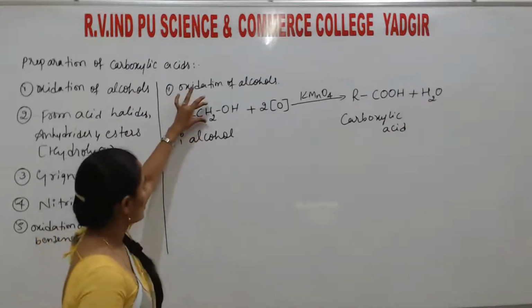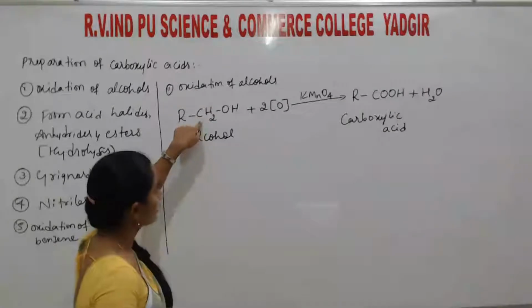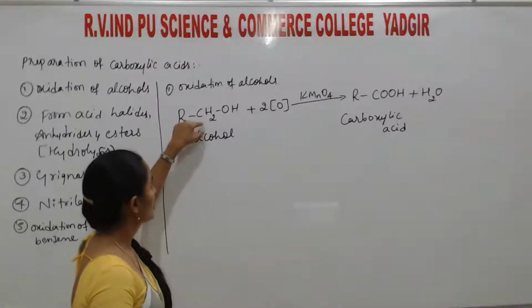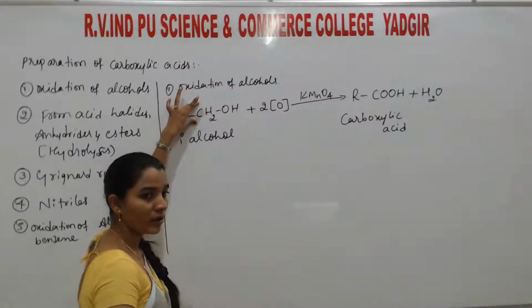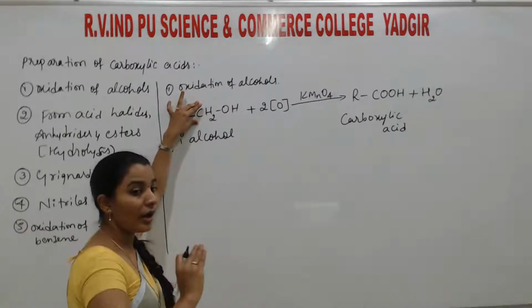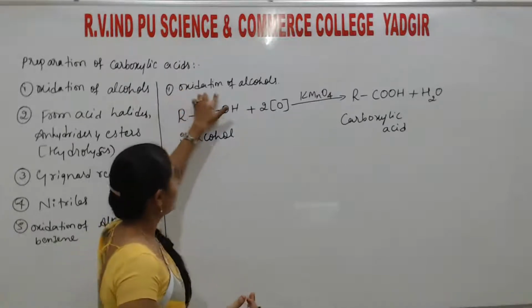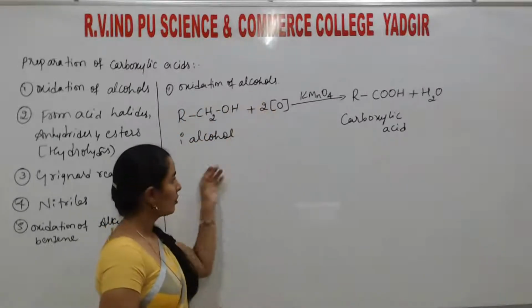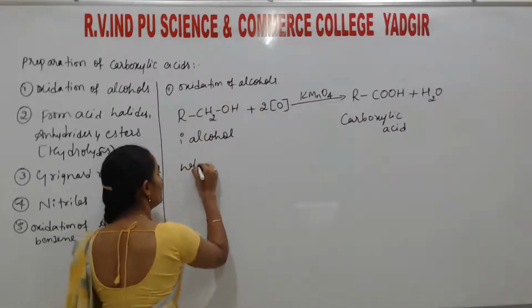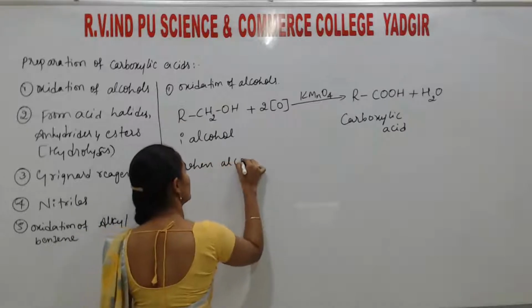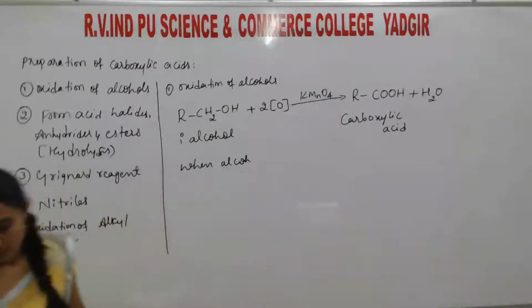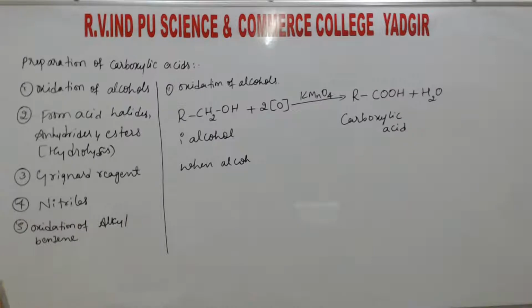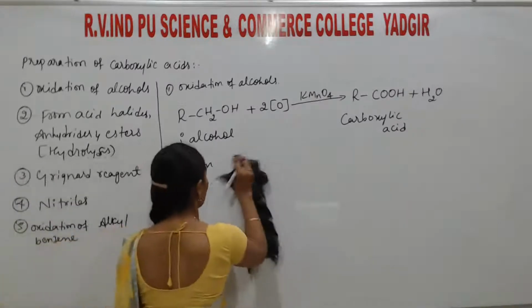What happens here? The removal of hydrogen is taking place from this carbon. At the same time, oxygen is added to this carbon. So addition of oxygen and removal of hydrogen is nothing but oxidation. So how can you write it?